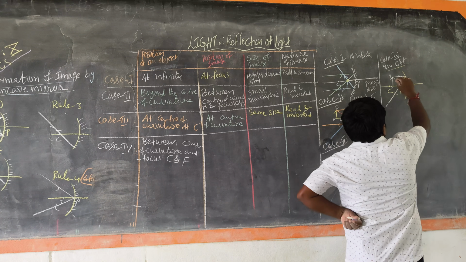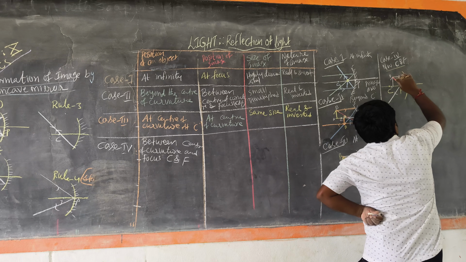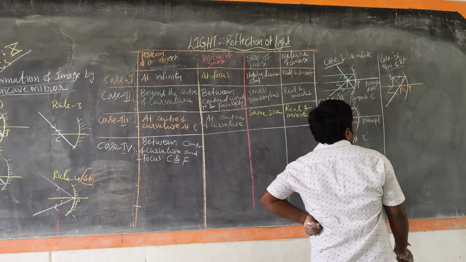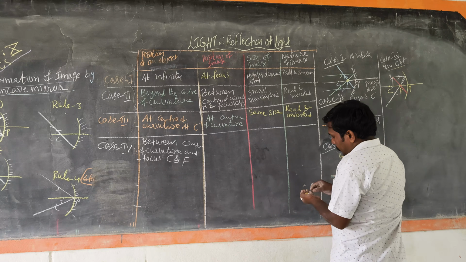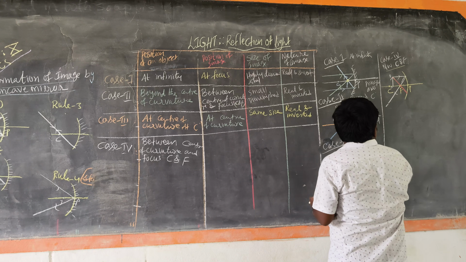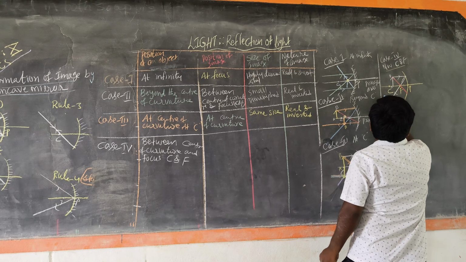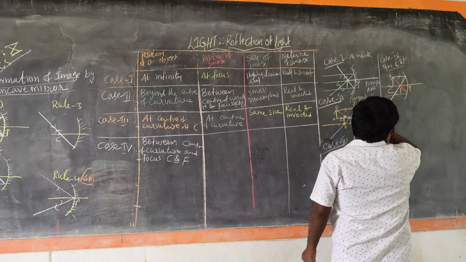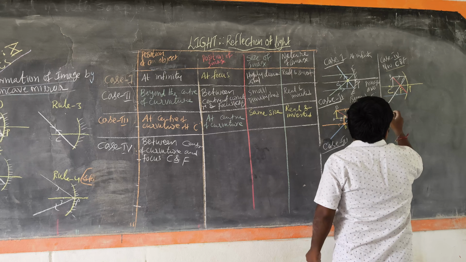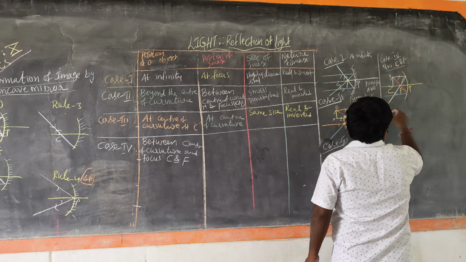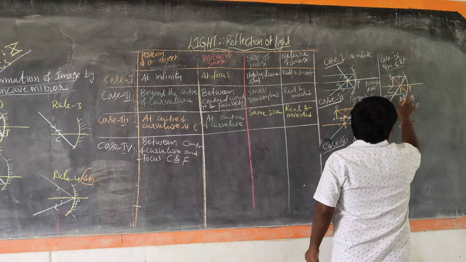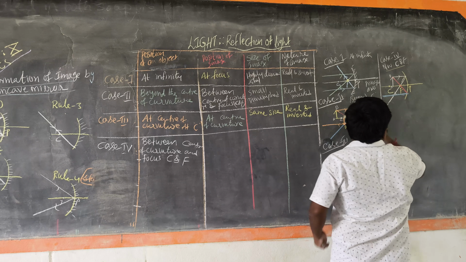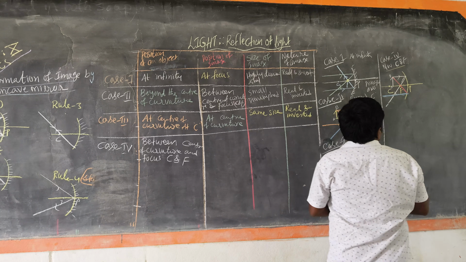Let us take the ray which is passing through the focus. Then after that what will happen? It reflects parallel to the principal axis.